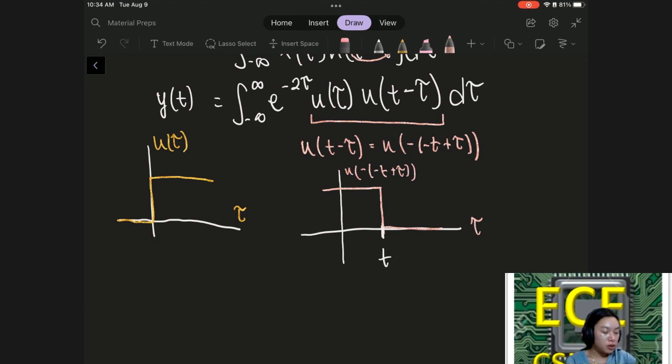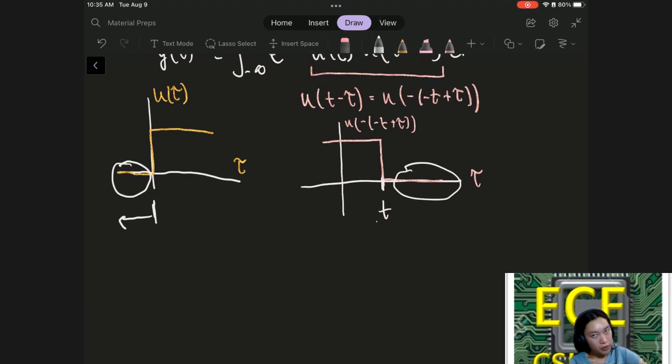So, as you can see here, if you multiply these two functions, anything before 0 is going to be multiplied by 0 because of this segment of the function. And anything past t is going to be multiplied by 0 because of this segment of the function. So your bounds end up changing.